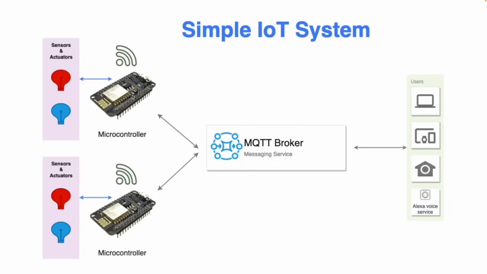The microcontroller will receive that message, and based on the control command that was sent through MQTT, it would switch on the respective light bulb that it was asked to based on the control. So that's what we're going to build. Let's go ahead and start the coding for this.